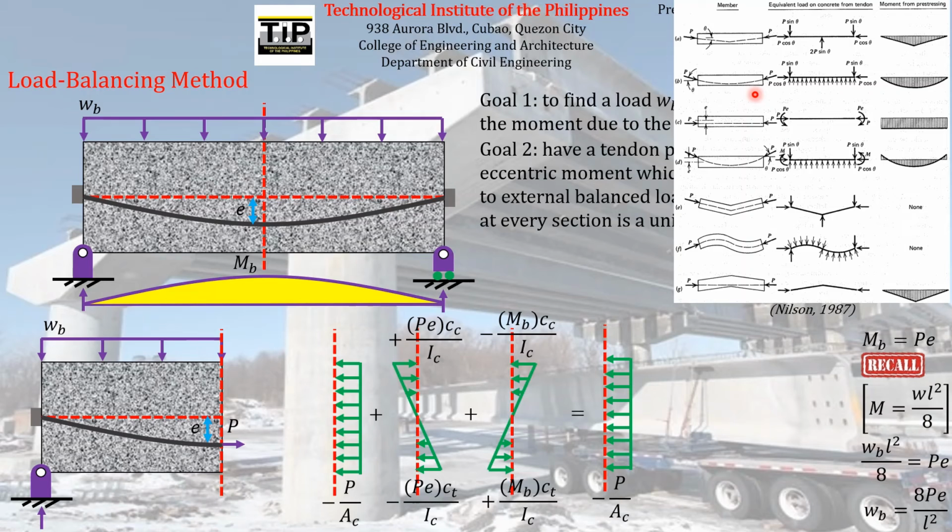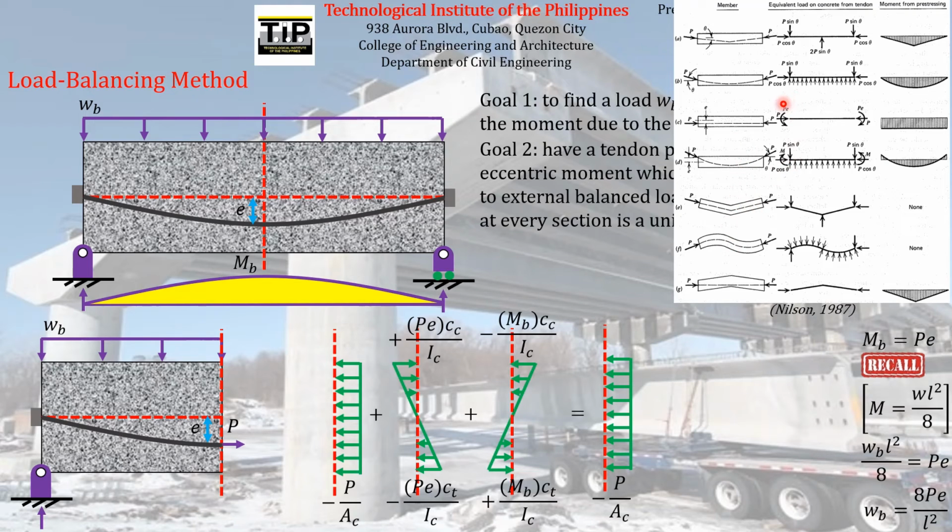So that is how you can find either the tendon profile or the balance load that you have to apply in order for you to have a balanced condition with respect to the moments or flexural stresses acting on the concrete element. So we have different profiles here depending on the type of load that you want to balance.